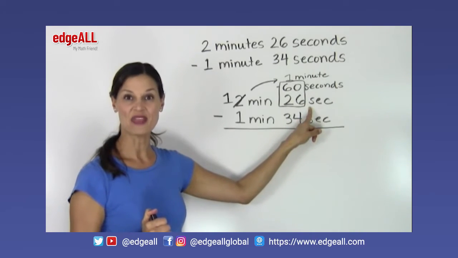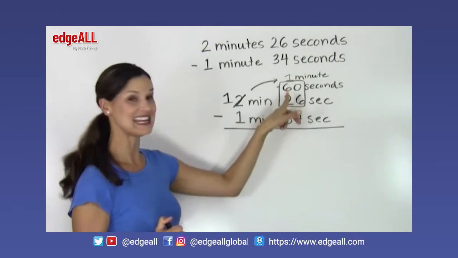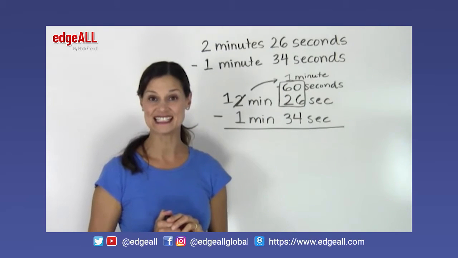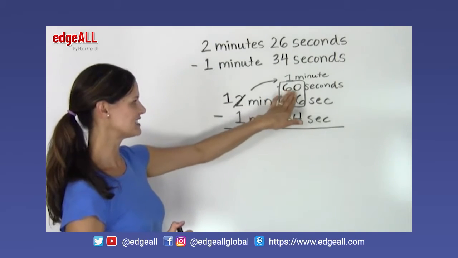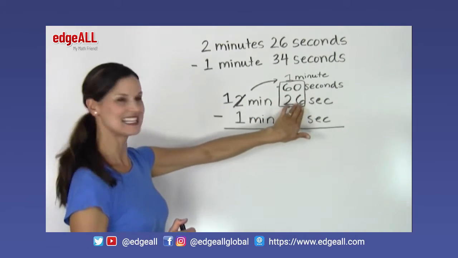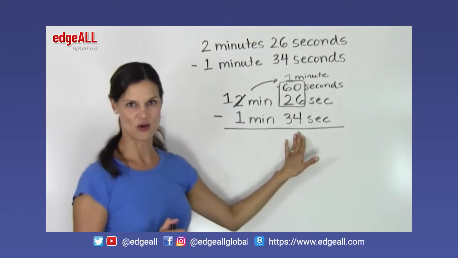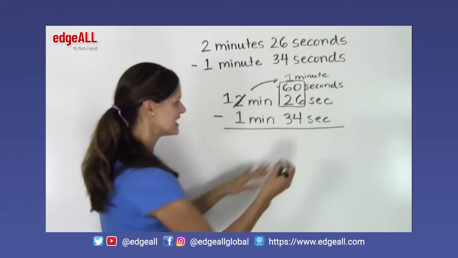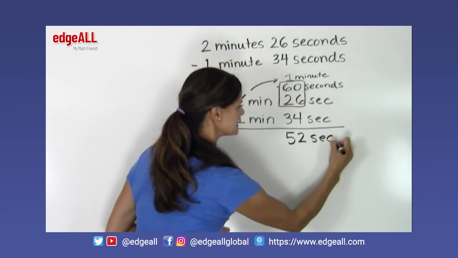We know now that we can subtract 34 from 86 because 86 is bigger than 34. So we take our 60 plus 26 is 86. And then we subtract the 34 from that, which gives us an answer of 52 seconds.